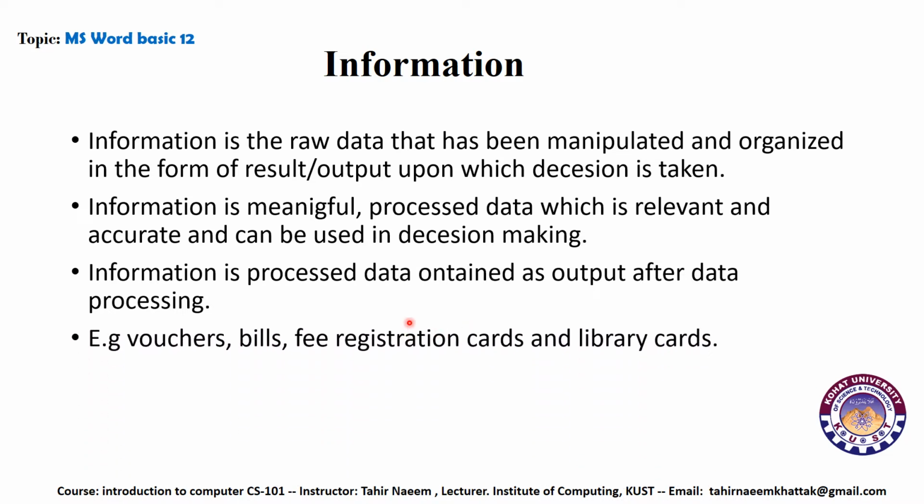As we were discussing previously, student data in an admission form is data, while information is what we get when this data is processed, the admission criteria is applied, and a merit list is formed, with the highest numbers at the top and the student with the lowest number placed at the bottom of the list.